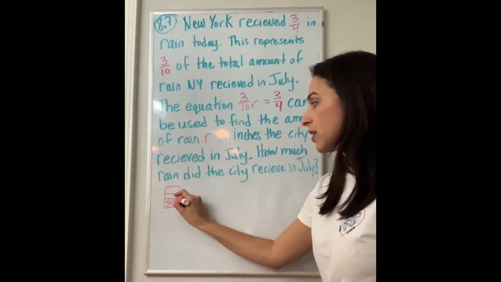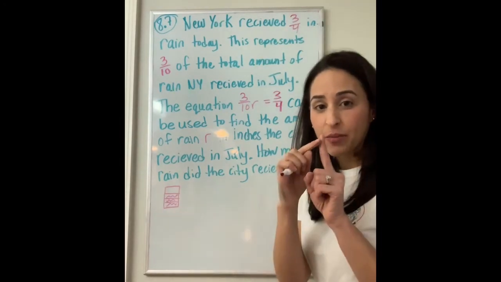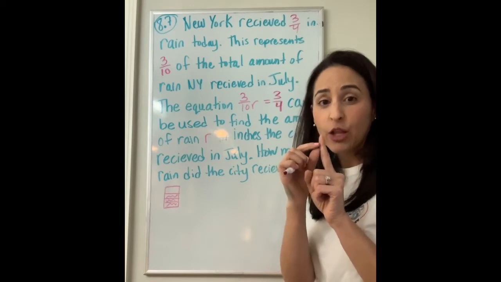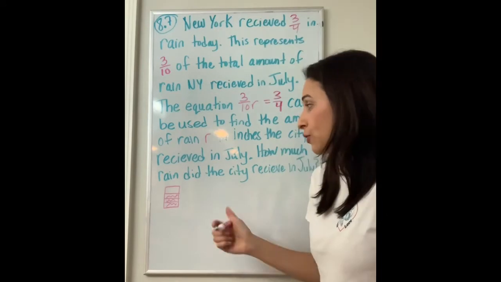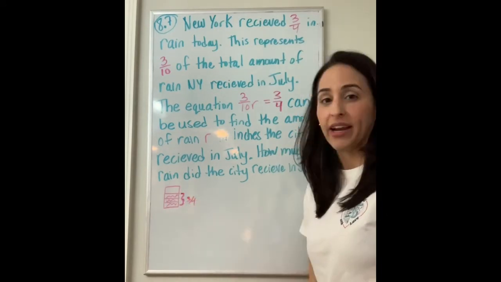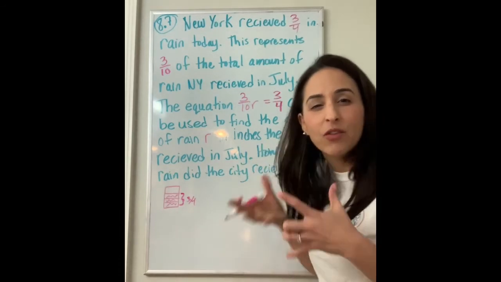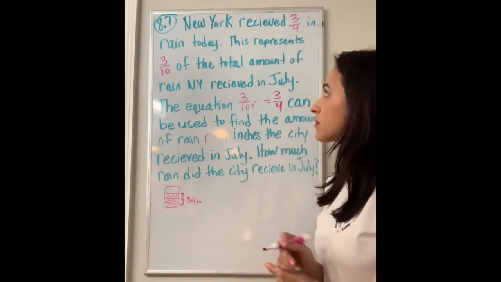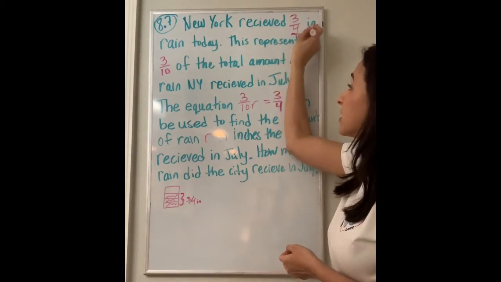This is the ground, and I know an inch is about this big, from the tip of my index finger to the first line of my index finger. 3/4 means it's almost the whole tip, but not the entire thing. This is my 3/4 of rain. Not a whole lot of rain, but I'm imagining what they're talking about, and I'm in the middle of New York City, okay? So 3/4 of an inch. I need to underline that. I need to know that it's inches.